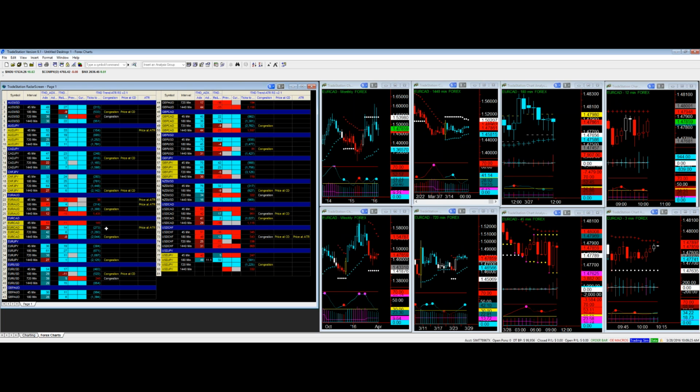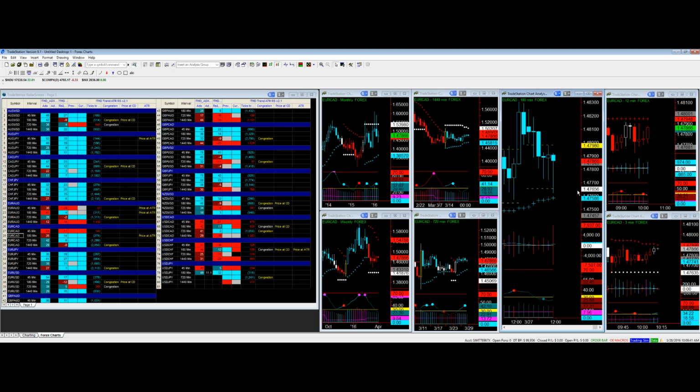On the Euro CAD, you're at an ATR over on the 180-minute chart. Now this is one, it looks like the volume is increasing. Actually, buyers are coming in as that low is being made. Do you see how this hash mark is above zero? It's blue.